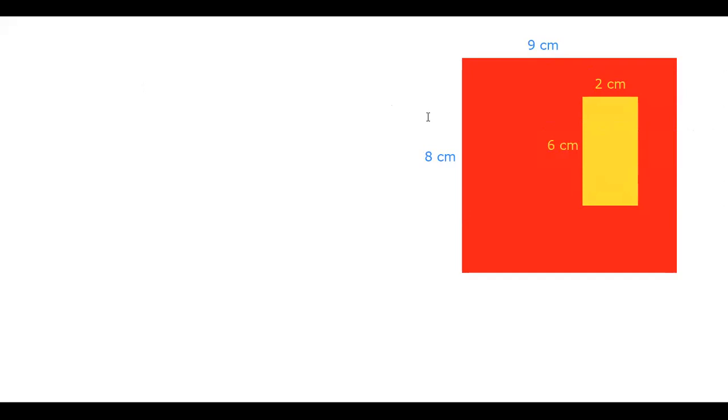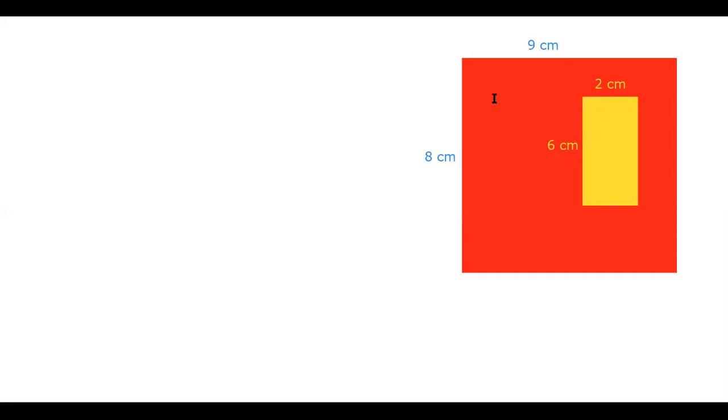So the red area, it's the big rectangle minus the small rectangle, because I'm taking it from the red area, this is a small amount, the yellow one. So the first step I will be doing, I'm going to label them.